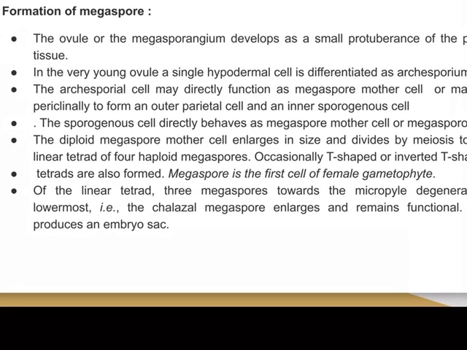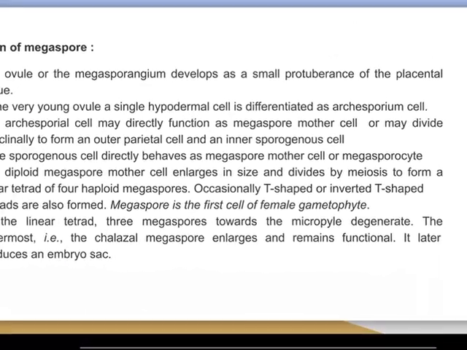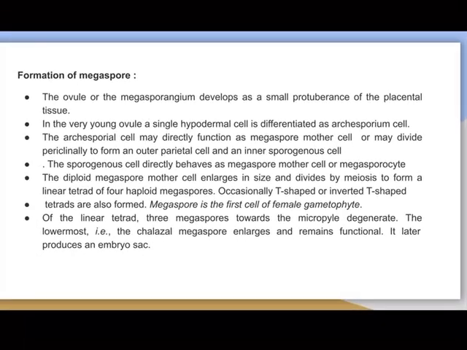Here we will study how the megaspore is produced. The ovule or the megasporangium develops as a small outgrowth from the placental tissues.